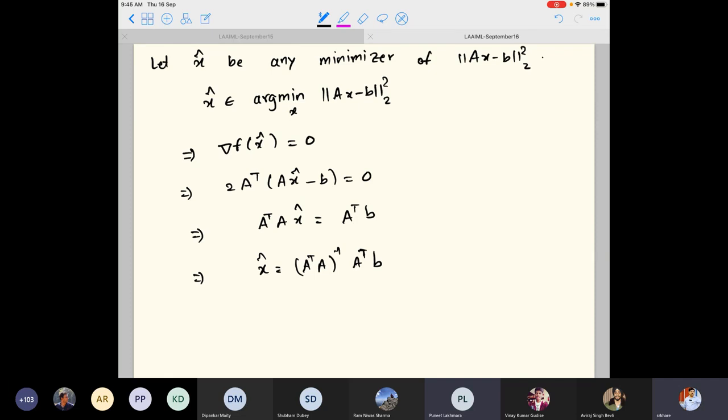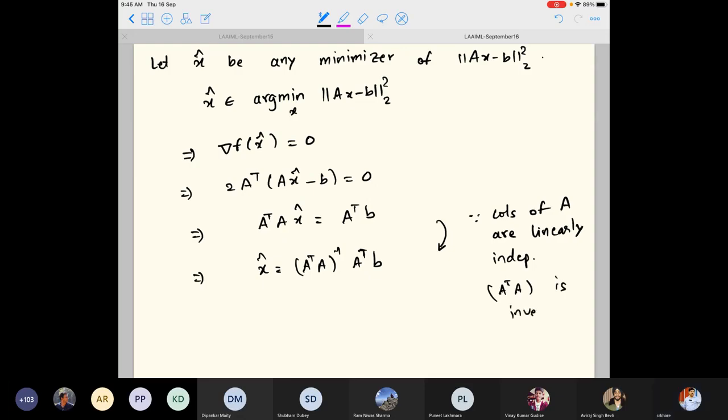Correct. So this A transpose A is a gram matrix, and we had already proven that a gram matrix is invertible if and only if columns of A are linearly independent. So here we are using this condition: since columns of A are linearly independent, A transpose A is invertible.